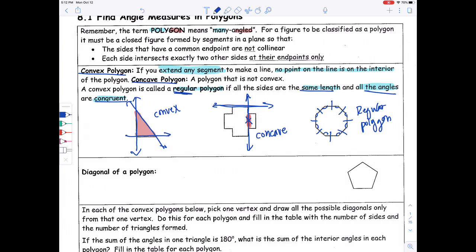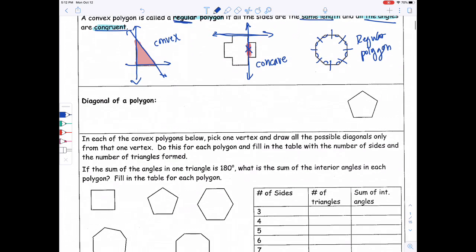Another term we're going to be using to describe the properties or segments in a polygon would be the diagonals. Now this is going to be an important measure or segment because it'll help us find the interior angles of a polygon.